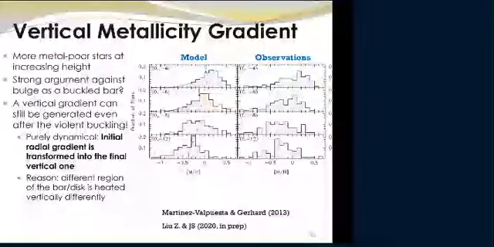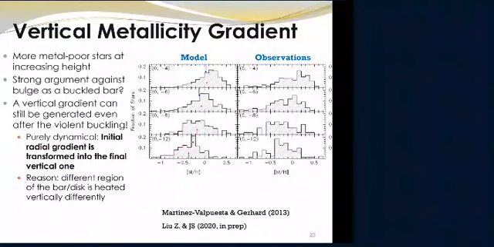And there is also a very important observational constraint on the Milky Way bulge, which is the vertical metallicity gradient. It basically means there are more metal-poor stars at increasing height above the midplane.